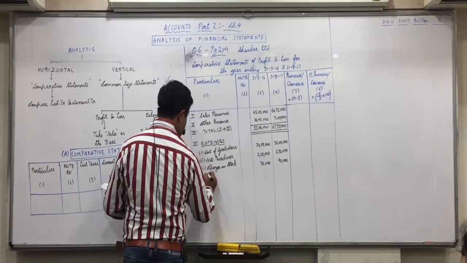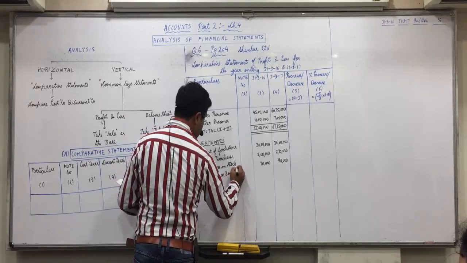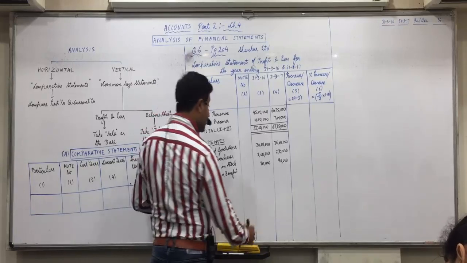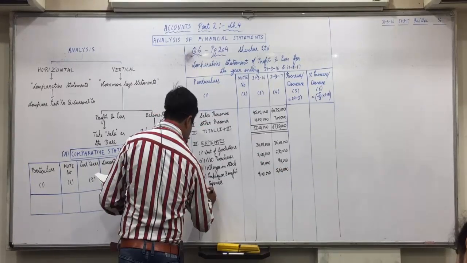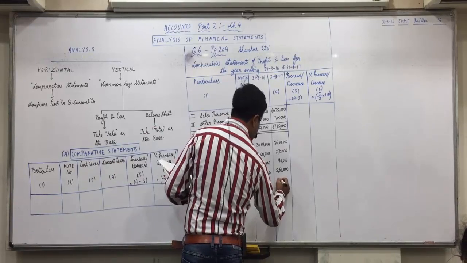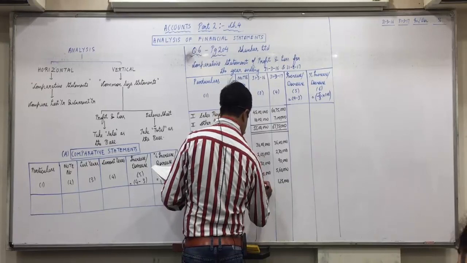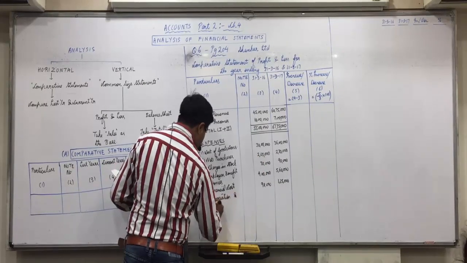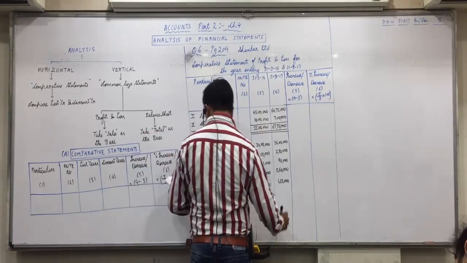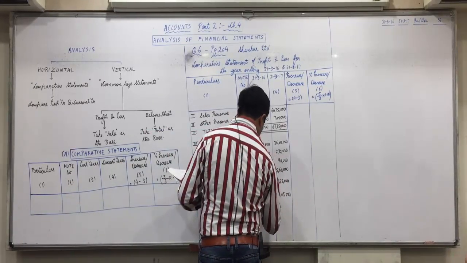Fourth, employee benefit expenses, 5,60,000 in fourth column, 4 lakhs in third column. Fifth, financial cost, 1,35,000 in fourth column, 90,000 in third column. Sixth, depreciation and amortized amount, 1,05,000 in fourth column and 70,000 in third column.